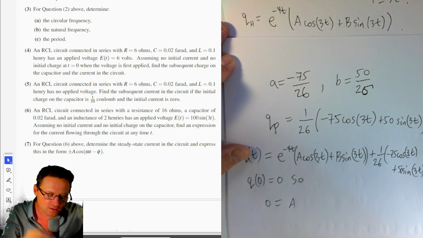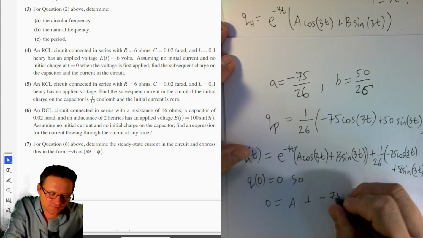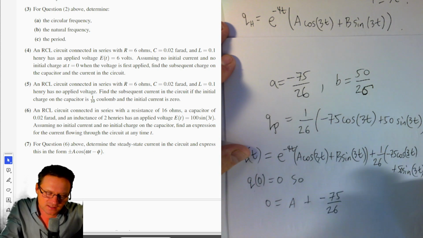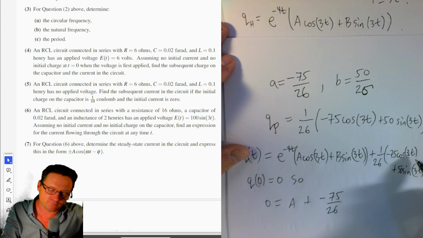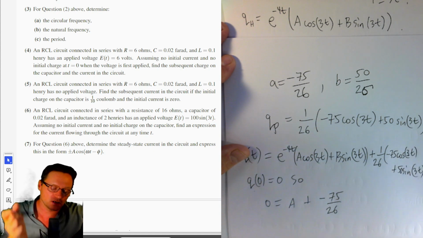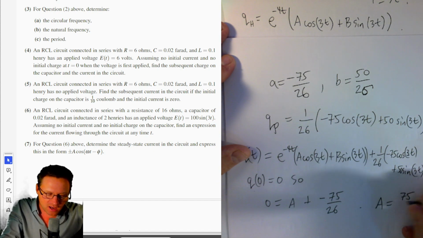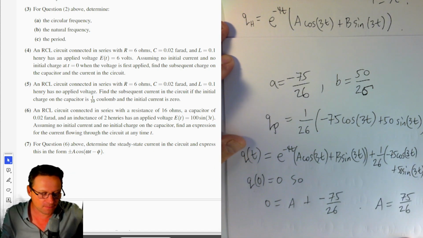And over here, we'll get minus 75 over 26, because sine of 0 is 0 and cos of 0 is 1. All right, so this gives us uppercase A is 75 over 26.